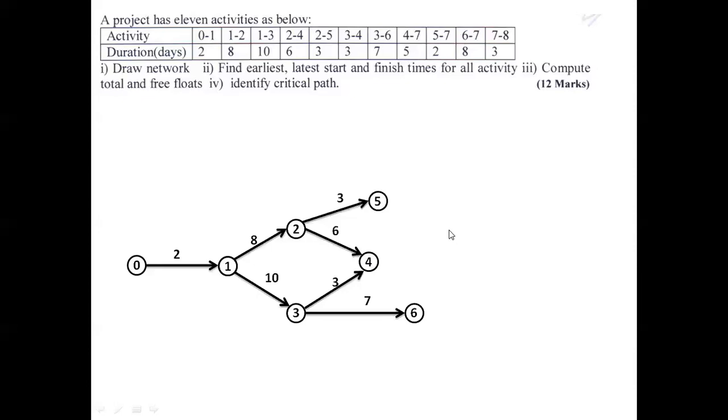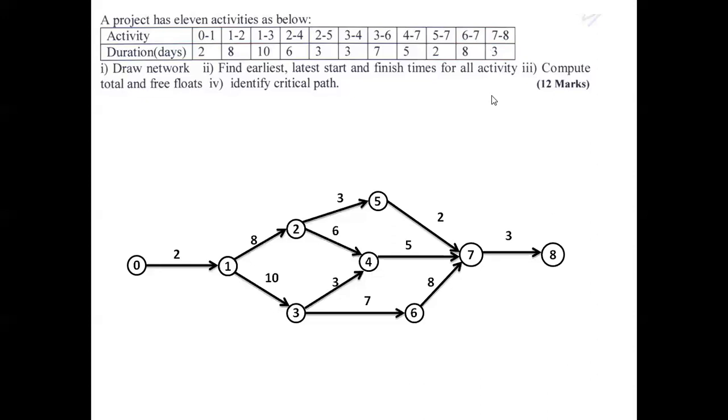First 4 to 7 with 5 days as a duration, then 5 to 7 with 2 days duration, and 6 to 7 with 8 days duration. And finally 7 to 8, having 3 days as a duration.